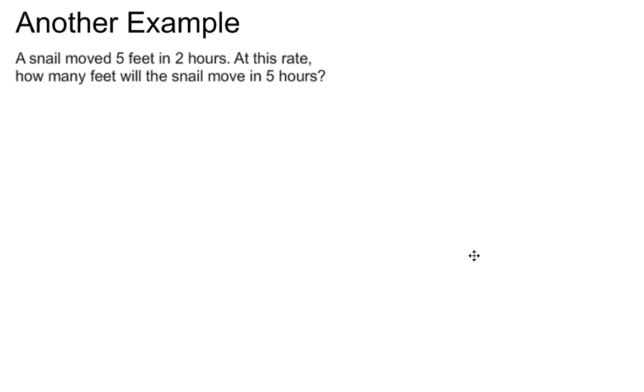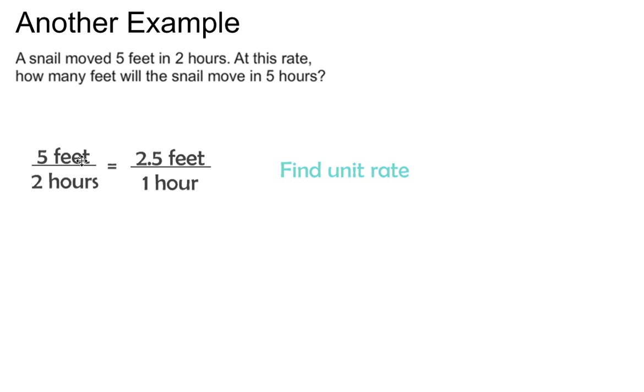Another example here: a snail moved 5 feet in 2 hours. At this rate, how many feet will the snail move in 5 hours? Here your rate that was given was 5 feet in 2 hours. They want you to predict how many it's going to be in 5 hours. So I'm going to set up my unit rate, 5 feet for 2 hours.